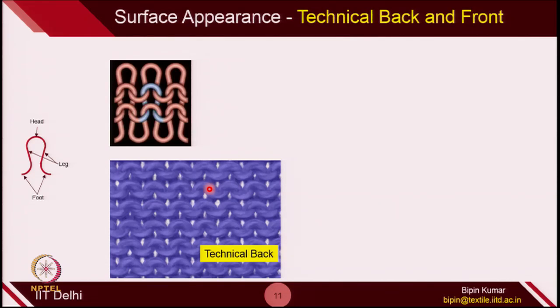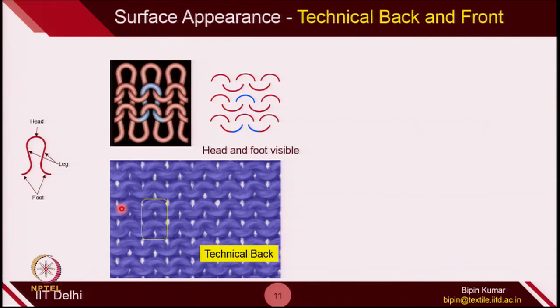Because of the nature of loop movement inside the fabric, I have highlighted one of the loops. You can only see the head and foot on the surface, and this is called technical back, where you can only see the arc upright and downright. So you have 2 different types of arc in opposite directions, and the actual fabric surface looks like this.